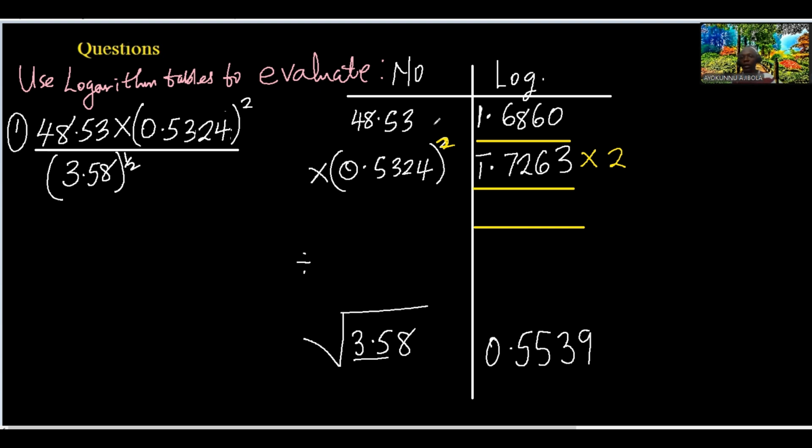So 2 times 3 is 6, 2 times 6 is 12, keep 1. 2 times 2 is 4, plus the 1 above, that's 5. Then 2 times 7 is 14, you keep 1. And 2 times negative 1 is negative 2, then plus 1. That gives us negative 1.